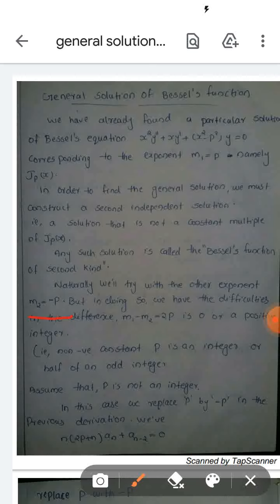In the previous derivation we have n into (2p plus n) an plus a(n minus 2) equal to 0. Replace p with minus p, we get n into (minus 2p plus n) an plus a(n minus 2) equal to 0.